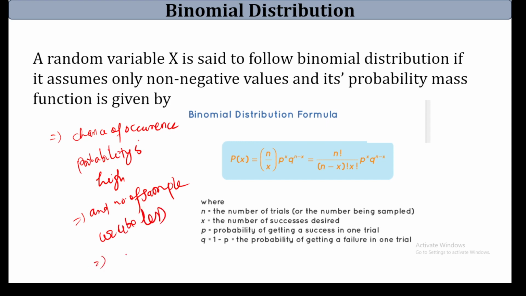For example, we are tossing a coin, so the probability will be 50-50: getting head 0.5, getting tail also 0.5. Or we can say we are rolling a dice. There are some definite numbers, so for that case you can apply the binomial distribution.